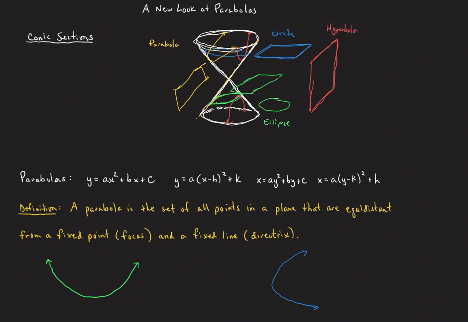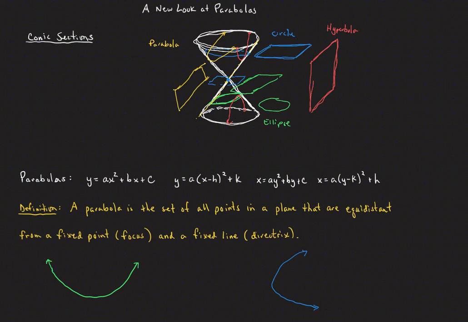Additionally, there's what's known, more of a trivia question than anything that's a big deal. If you took a plane that was exactly parallel to the floor and intersected it just right, it would intersect at a single point. That's known as a degenerate conic section.